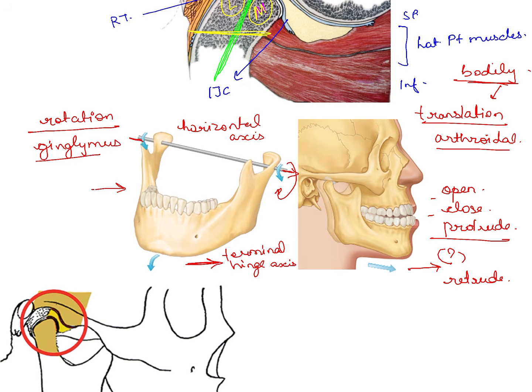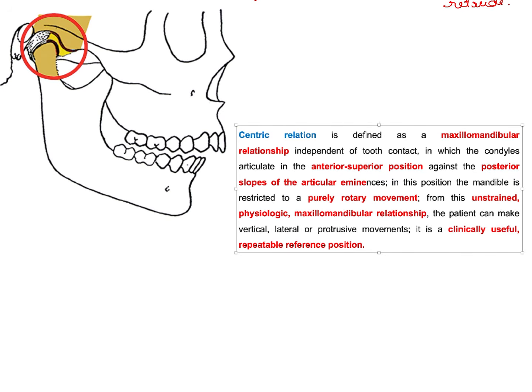There is a very little possibility of being able to take it at the back. Now, this most retruded position, which is independent of tooth contact, is called centric relation. Okay, centric relation is an important position of the mandible which needs to be understood.